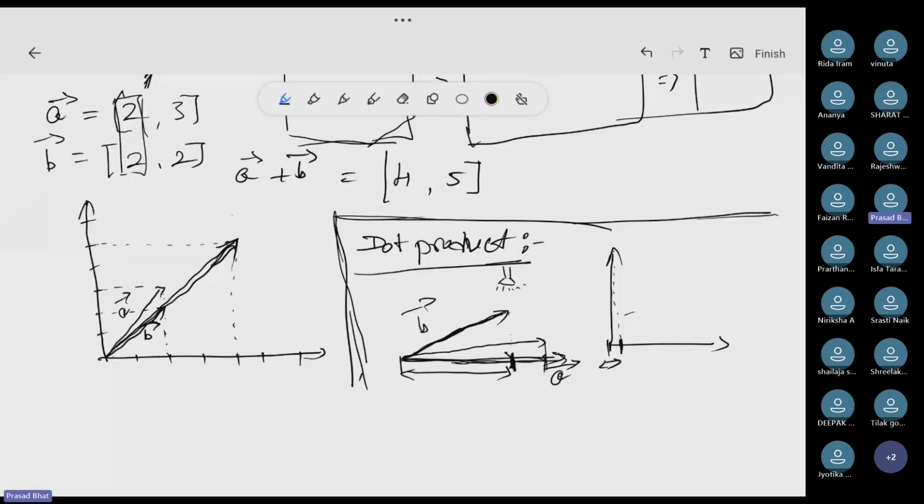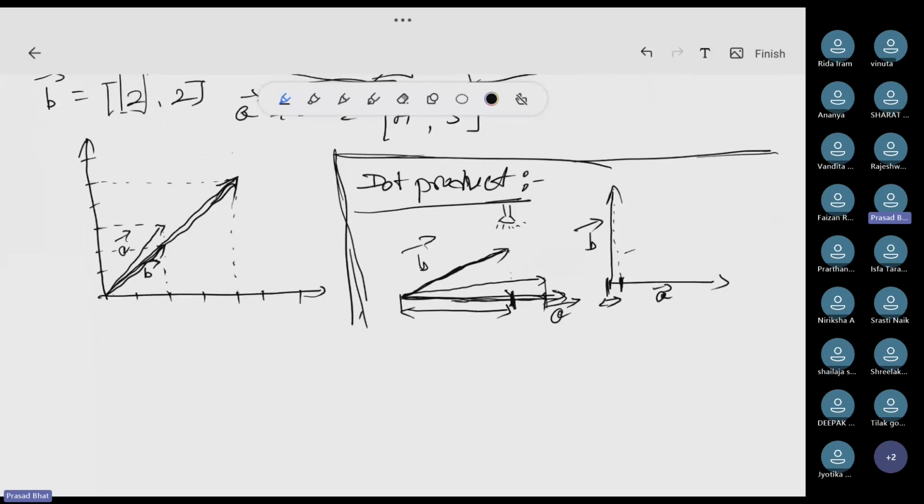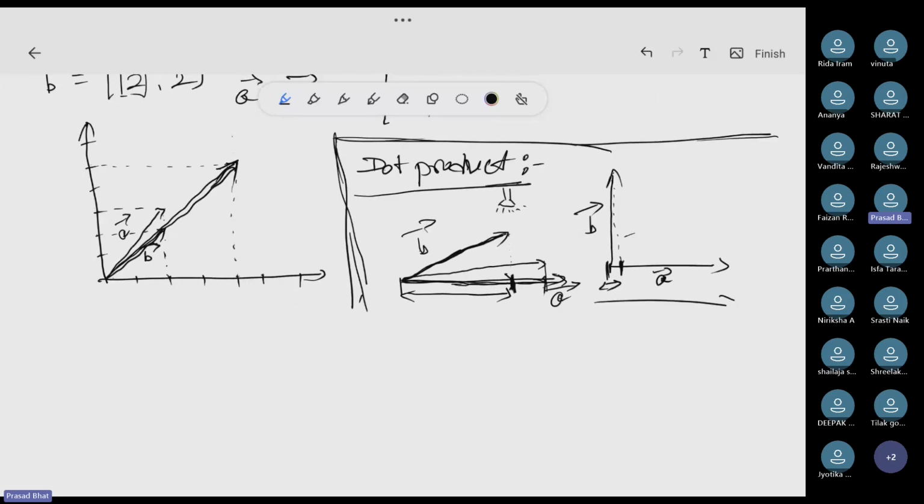Then we say that these two vectors, A vector and B vector, are very apart from each other, or they are not at all similar to each other. Make sense?